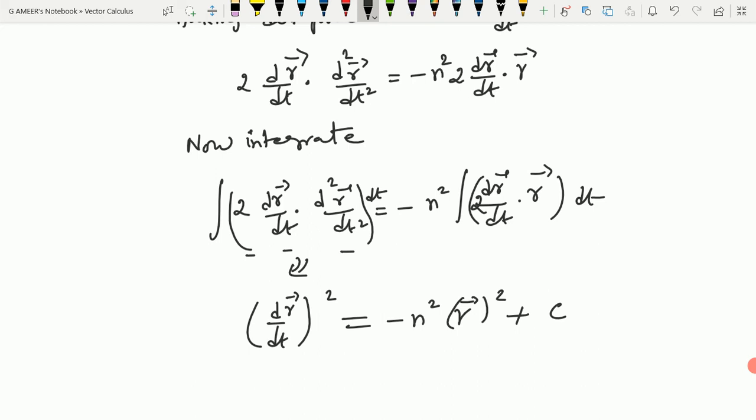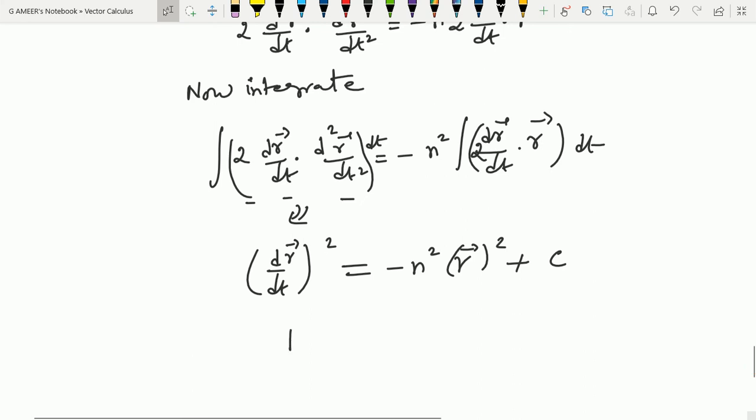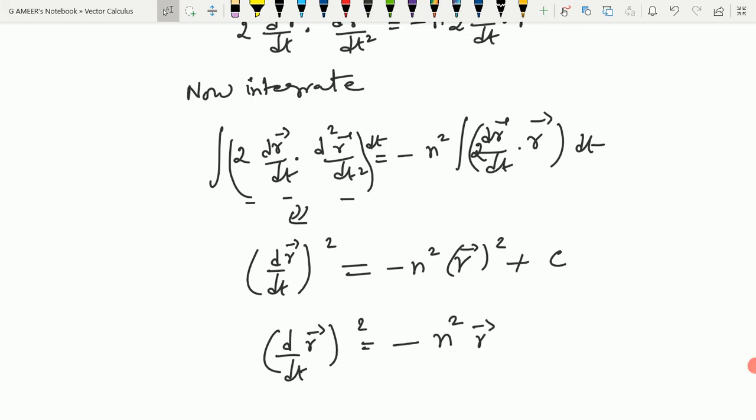So with this I need dr square by dt square, I got it. So finally d by dt of r whole square will be equal to minus n square r square plus c.